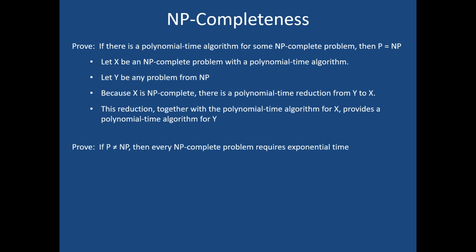So that's now, if P is not equal to NP, how can we argue that every NP complete problem requires exponential time? So the key thing is it's either they all require exponential time, or they all can be done in polynomial time. There's no halfway with these NP complete problems.